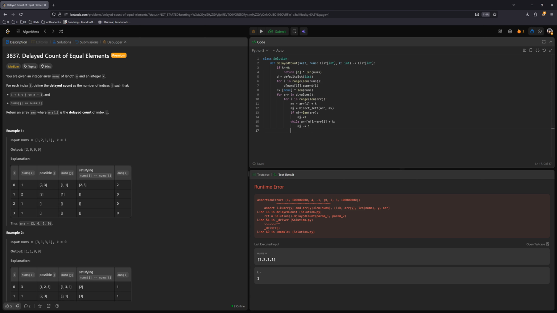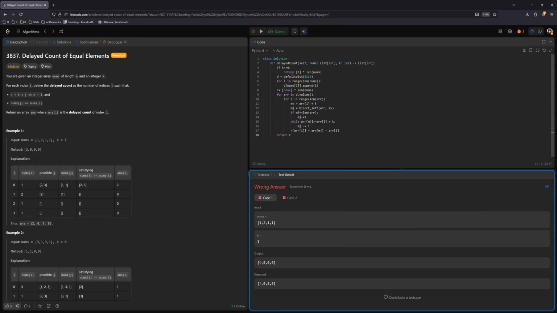Now we have a range, and we can say R of ARR of I equals ARR of MJ minus ARR of I. Took something that should be order n and made it n log n, but if it gives us the right answer, then that's fine. Okay, k equals 1, 0, 0, 0, 0, 0.